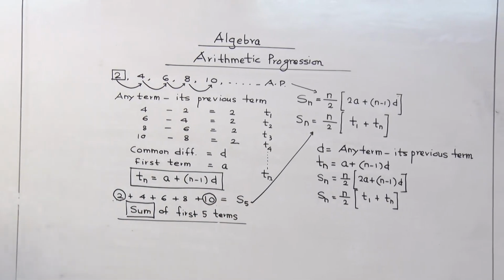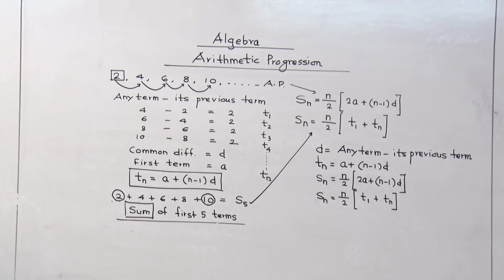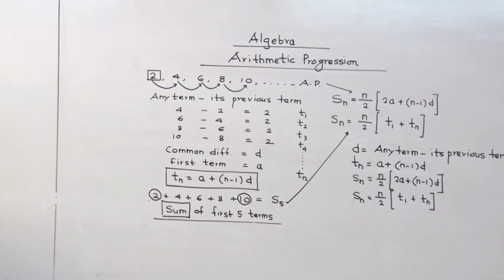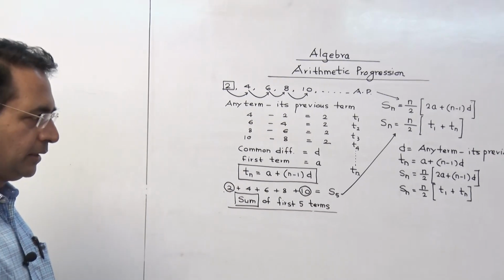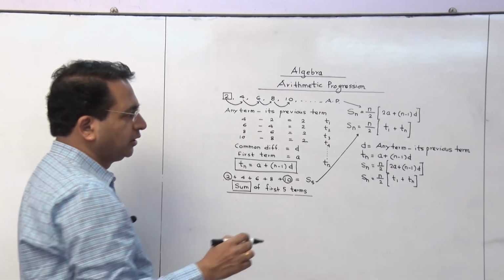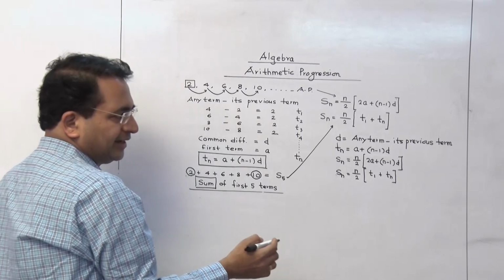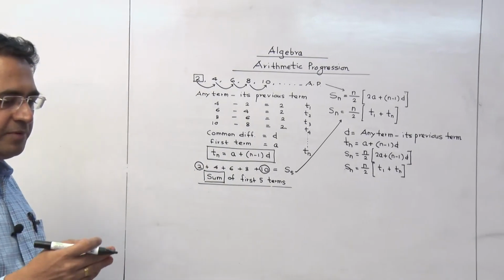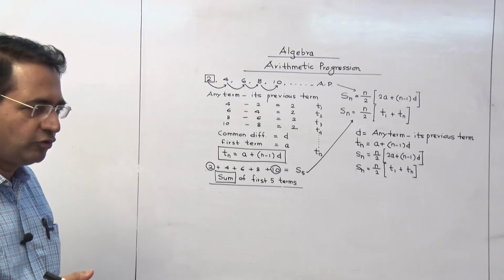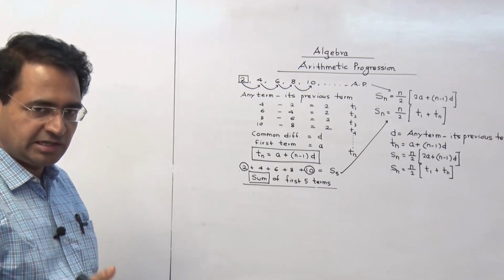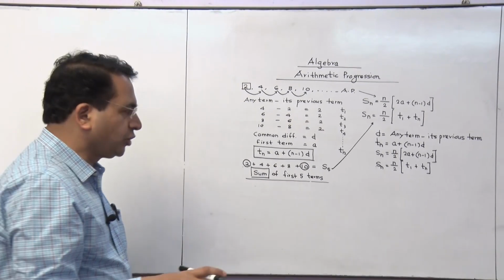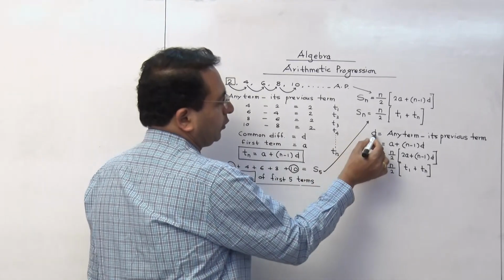Remember one thing, whatever problems we are going to have, they are very simple. They are based on these formulae only. There are certain basic assumptions we have to use in word problems, but that I will discuss later on. At present, you focus more on these formulae only.